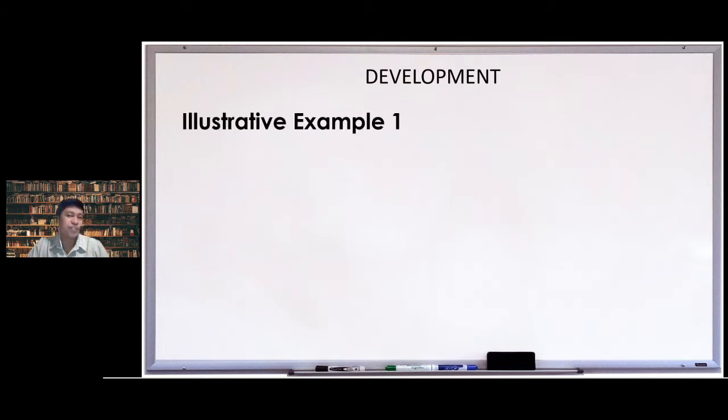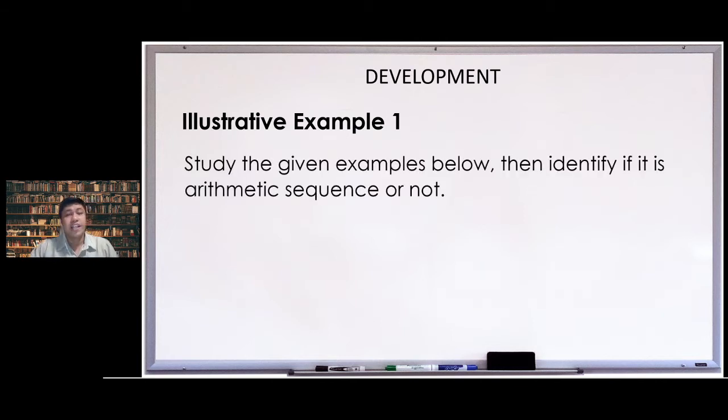Now let's have illustrative example number 1. Study the given examples below, then identify if it is arithmetic sequence or not. For letter A, 10, 13, 16, 19, and so on. Is it an arithmetic sequence or not?